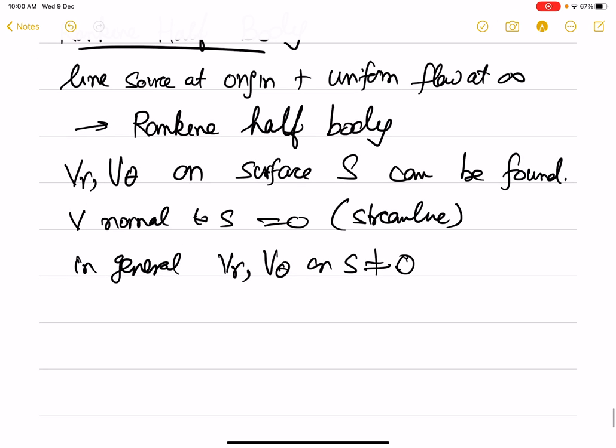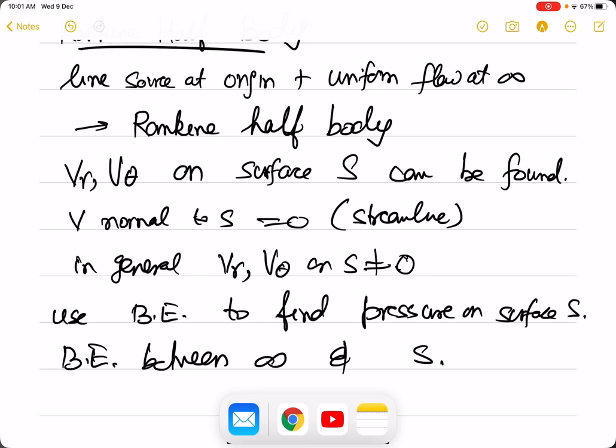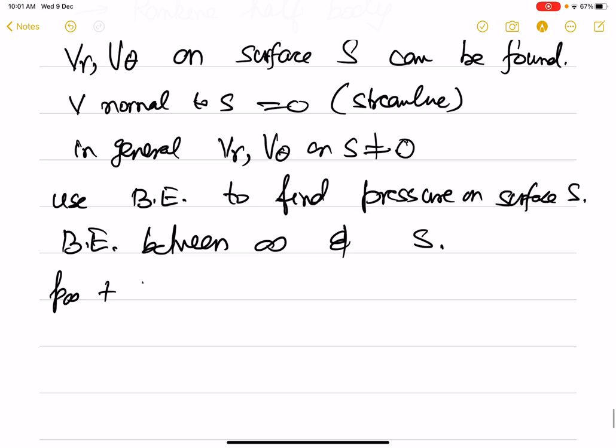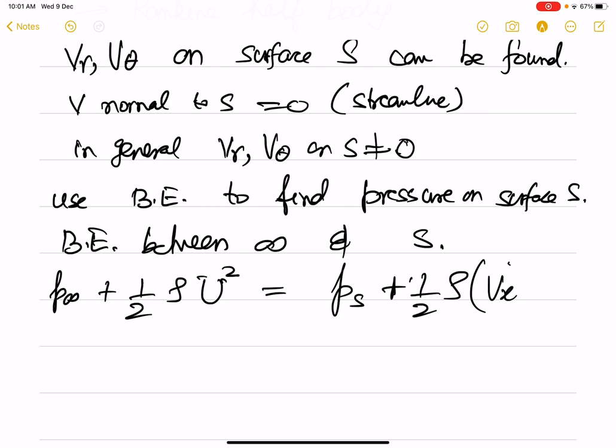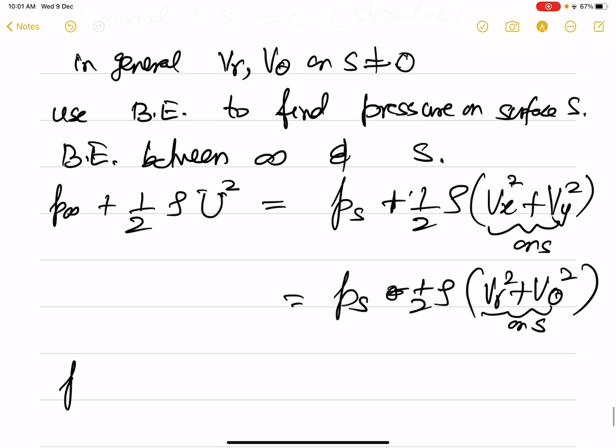Now we can also use the Bernoulli equation to find pressure on the surface S. So we use the Bernoulli equation between infinity and a point on S, and what we will get is P infinity plus half rho capital U square is equal to the pressure on the surface plus half rho times Vx square plus Vy square on S, or we can use plus half rho Vr square plus V theta square on S. Using this we can find pressure on the surface.